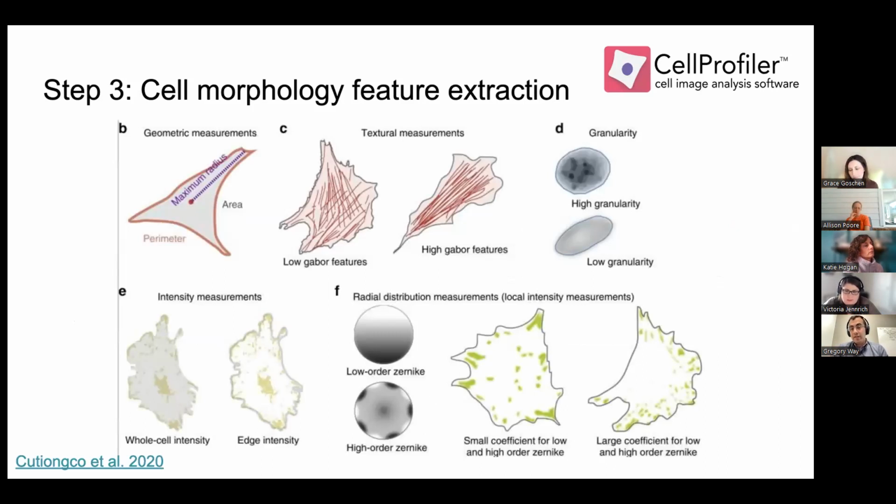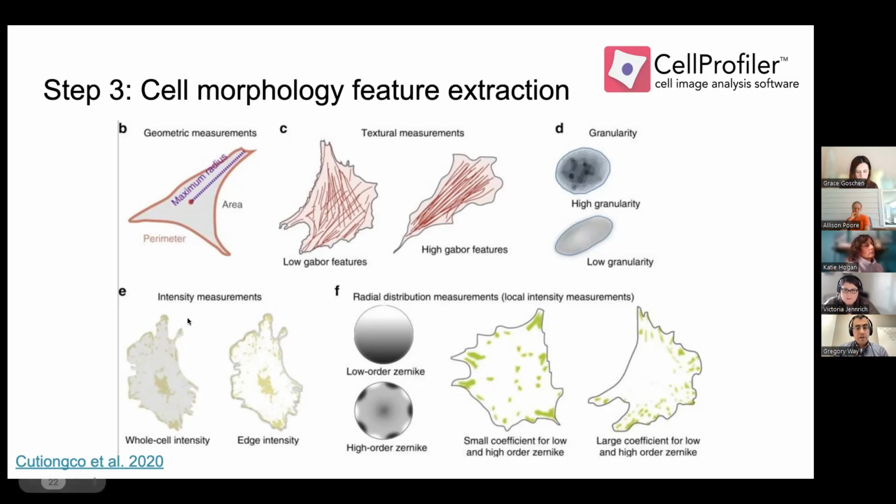So in the case of actin, for instance, are all the actin fibers going in the same direction, or are they more or less distributed, maybe with some disorder in the actin fibers? We also measure granularity. So how many spots are present? What's the distribution of the intensity patterns within these spots?